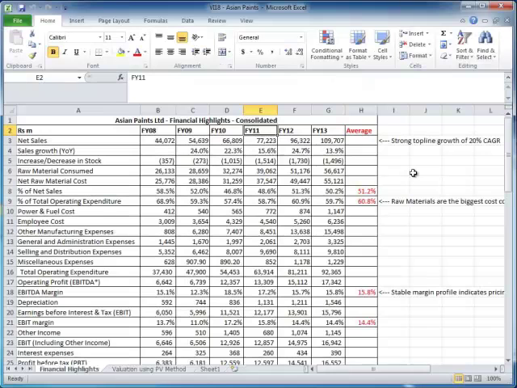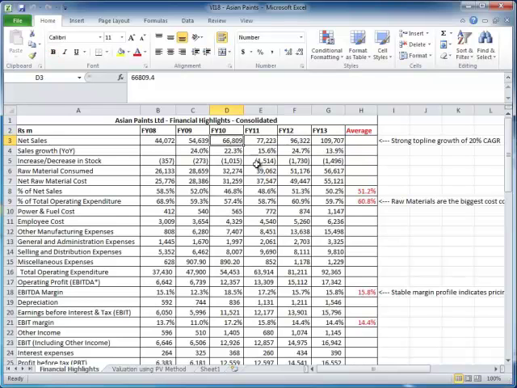Asian Paints financial highlights. Now here we are back in Excel, and we're going to take a look at some of the financial highlights for Asian Paints Limited. We've done a similar exercise to what we did with TSIL. Let's look at some of the key lines and see what stands out here.